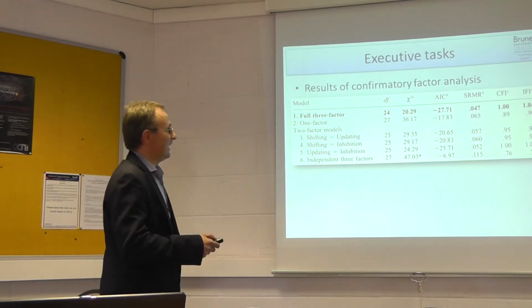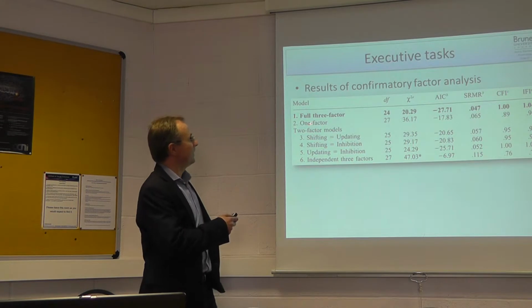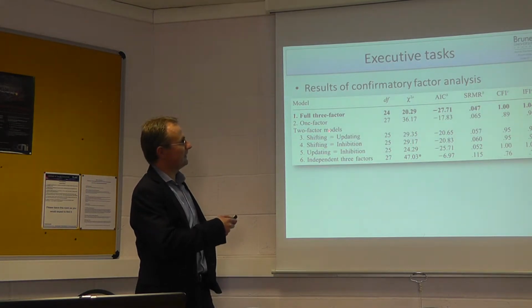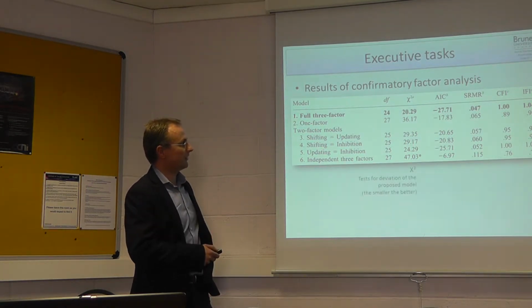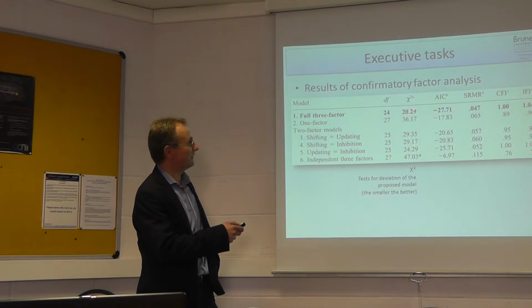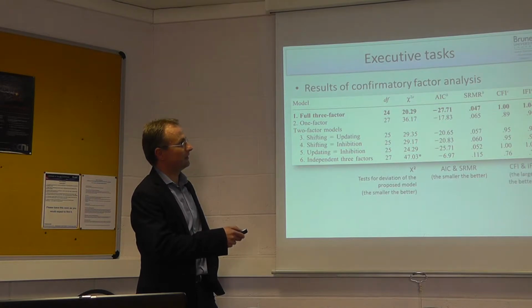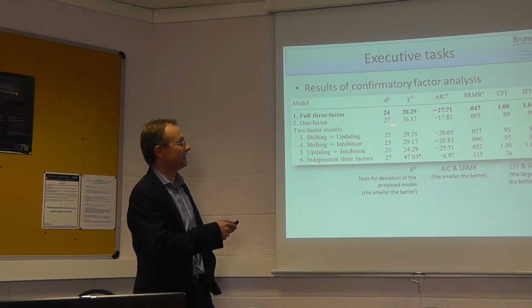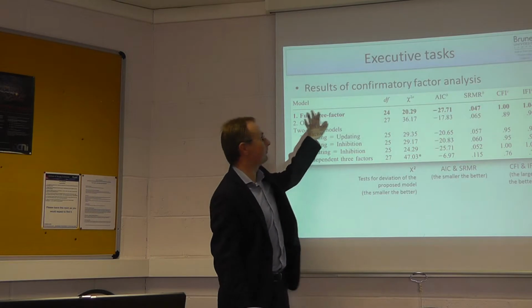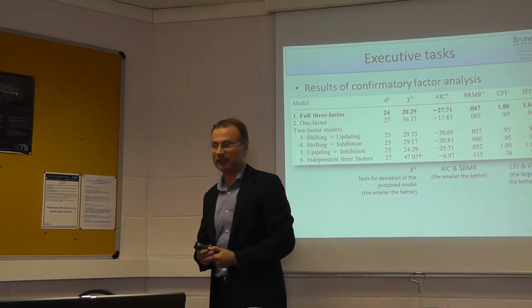So these are the numerical results. I don't want to go into too much detail here, but just to show you, they calculated a lot of other models as well. This is a chi-square test, and the smaller the number, the better. And for these two values, it's the smaller the better as well, and here it's the larger the better. And you can see that the full model with 3 factors just has the best fit to the data.